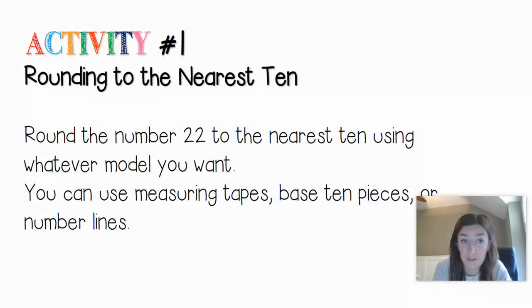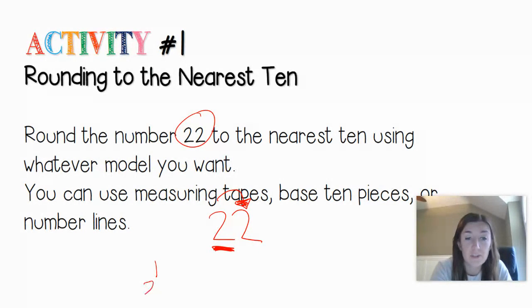So what we want to do is if we're rounding the number 22 to the nearest 10, what I always do is write the number. I underline the number in the tens place, and I look to the right. If I see a 5 or higher, I'm going to round it up to the next benchmark number. So when we say the benchmarks, 22 is between 20 and 30.